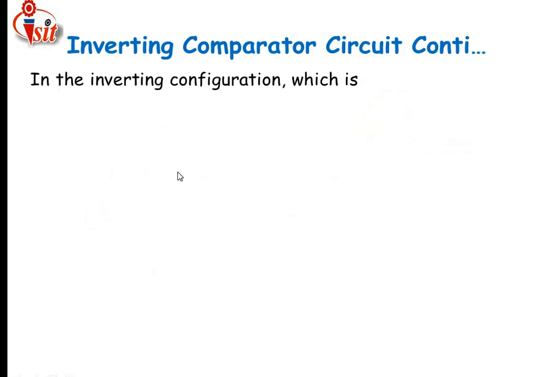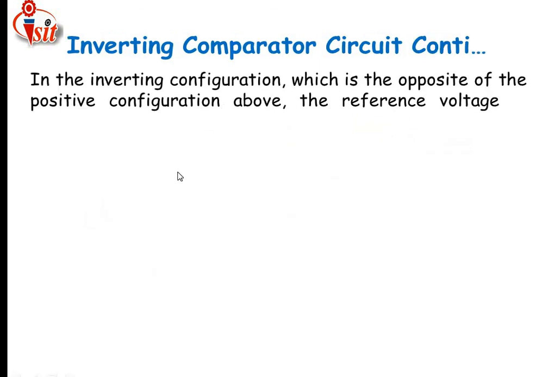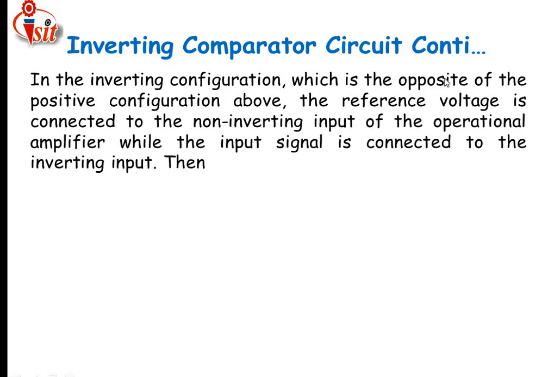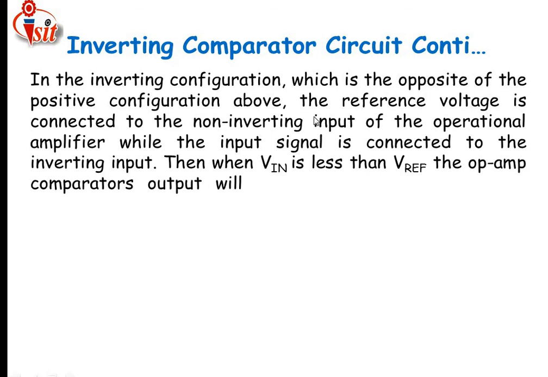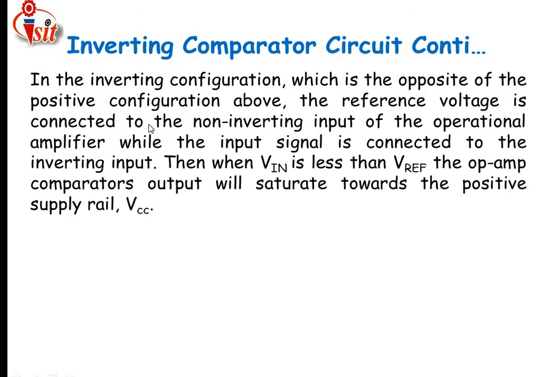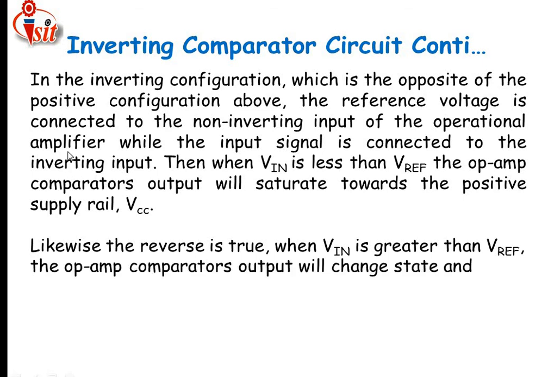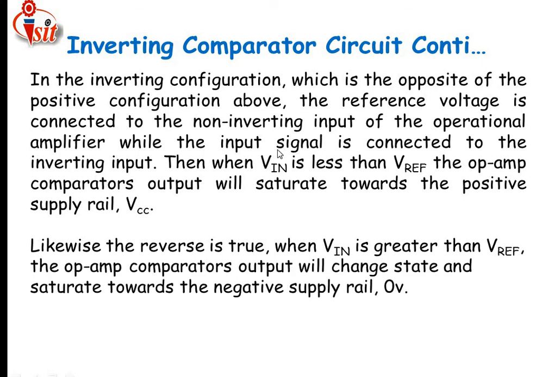Along with the inverting comparator circuit, what is the explanation? Just see here, in the inverting configuration, which is the opposite of the positive configuration above, the reference voltage is connected to the non-inverting input of the operational amplifier, while the input signal is connected to the inverting input.